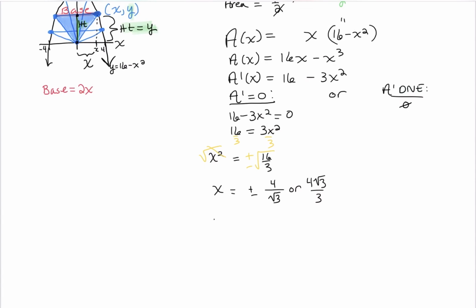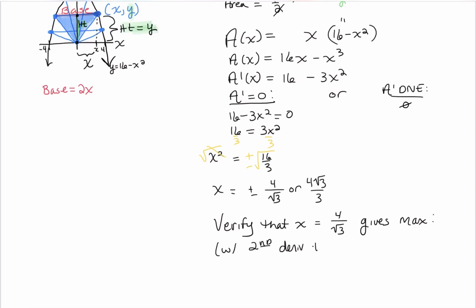So we need to verify, that's always the next step, that the x equals 4 over square root of 3 is actually giving us a max. And so let's do this with, I like second derivative tests, especially in cases where it's pretty quick and easy to take that second derivative, and it's really easy here.